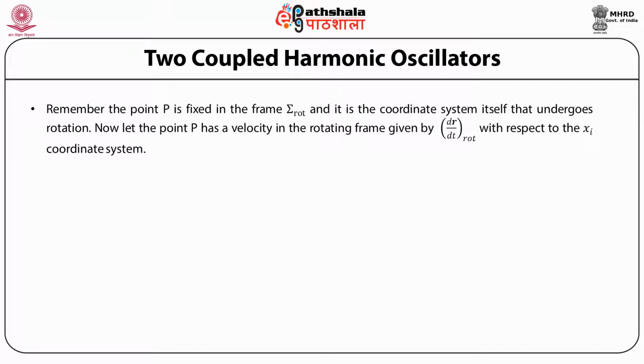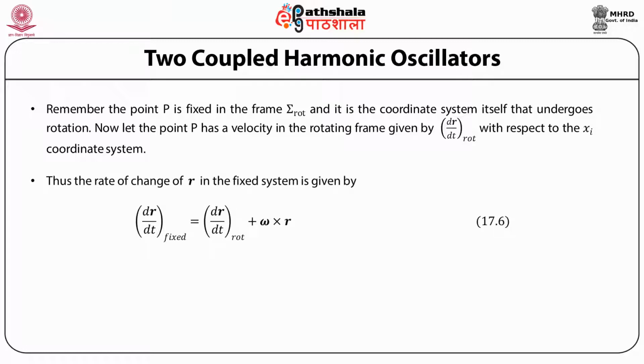Remember, the point P is fixed in the rotating frame, and it is the coordinate system itself that is undergoing rotation. Now let the point P have a velocity in the rotating frame given by dr by dt with a subscript rot to specify that this is the velocity in the rotating frame with respect to the xi coordinate system. Thus, the rate of change of r in the fixed system is equal to the rate of change of r in the rotating system plus omega cross r.